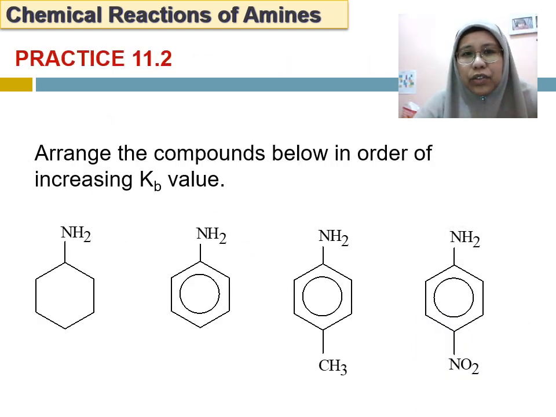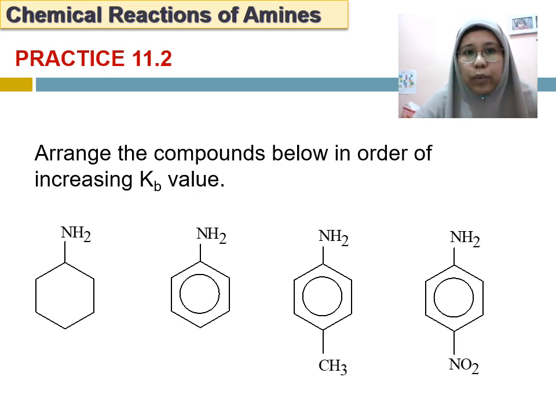Okay, arrange the compounds below in order of increasing Kb value. So you need to revise what we have done in chapter 7, Sem 1. What is Kb value? The higher the Kb value, the higher or stronger the basicity of a compound. It's a constant to measure basicity, the concentration of OH minus, or the ability of the electron to be donated.